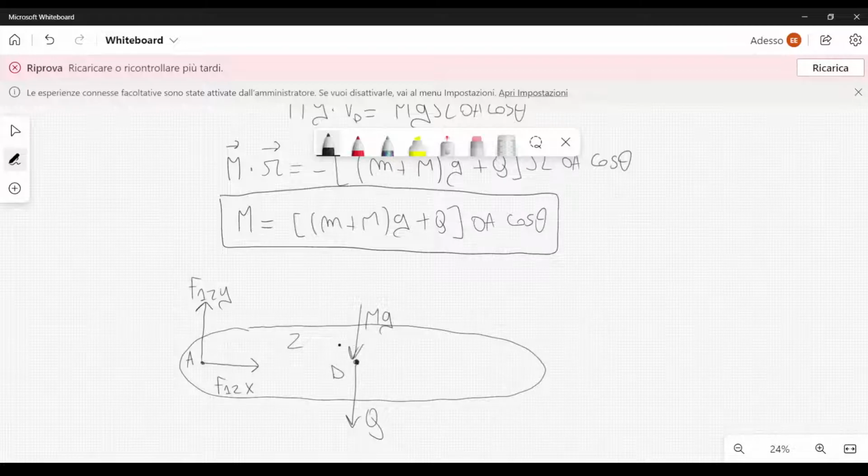It is actually accelerating. The point D is accelerating. It has some acceleration, which is directed actually in this manner, more or less like this, and the force will be centrifugal, so it will go the opposite direction.